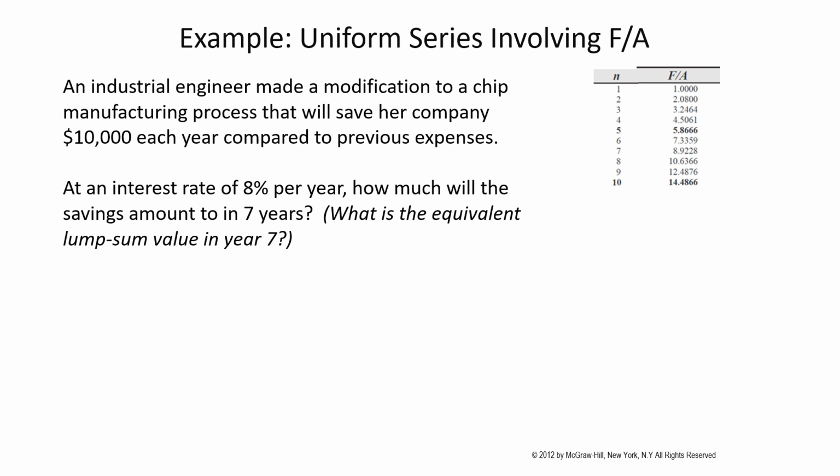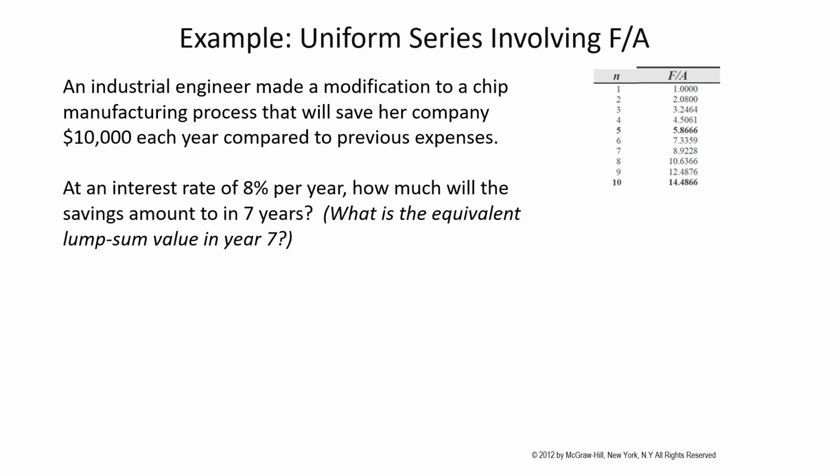Do you remember I told you about this special case of how previous expenses you used to incur, if they're avoided, then that actually counts as an inflow. So this is one of those. Previously, they used to spend some extra money, but the engineer has made some modifications that has reduced the expenses. So we treat that as an inflow. $10,000 each year compared to previous expenses.